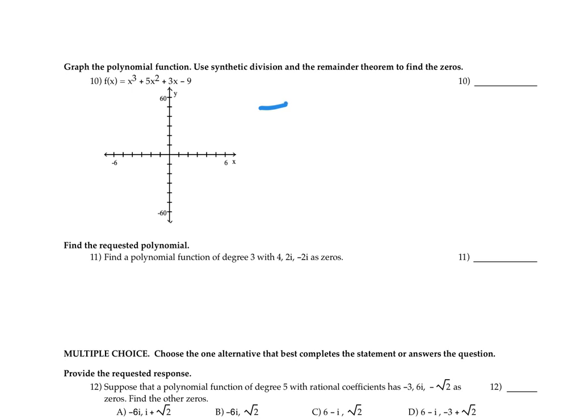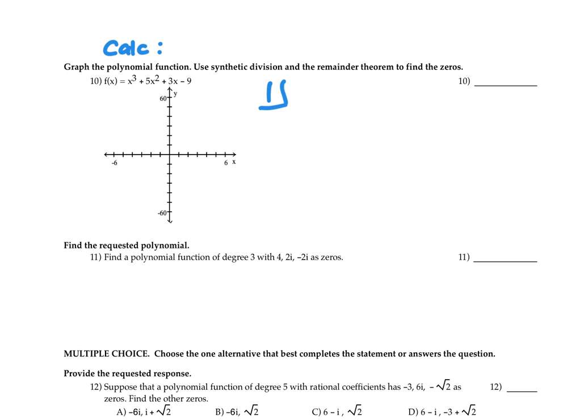The first thing that we're going to do here is graph this in our calculator. Use your calculator to get where you think it crosses the x-axis. And the first one that I'm going to use here is x equals 1.